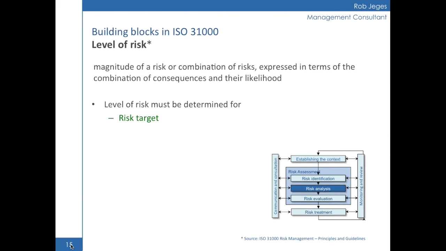The level of risk is determined during risk analysis in the risk management process, and it must be done after you have defined the criteria, because it is when you define risk criteria that you're going to specify how the level of risk is going to be determined.